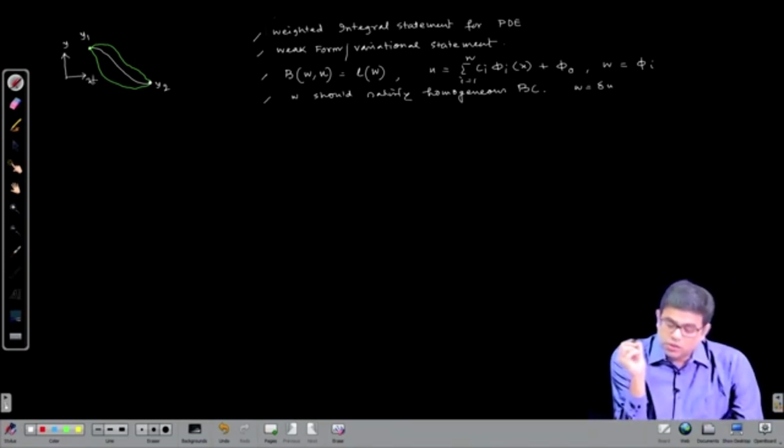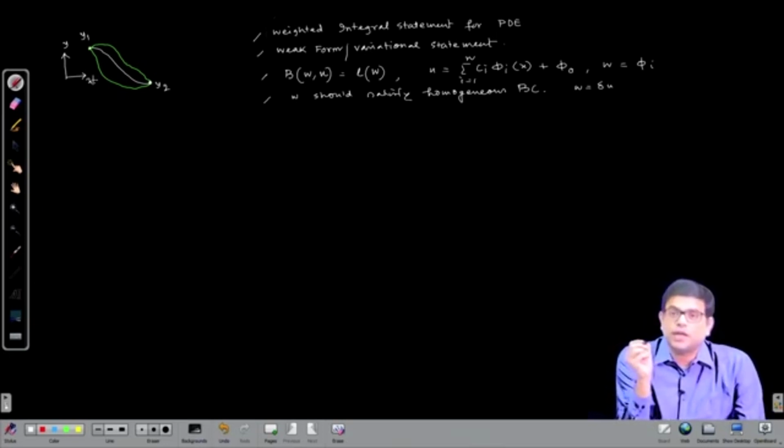This is not true for the Neumann boundary condition, where the derivatives of the field variable are specified, because the Neumann boundary condition automatically arises in the weak form because of the integration by parts. That also we have seen.